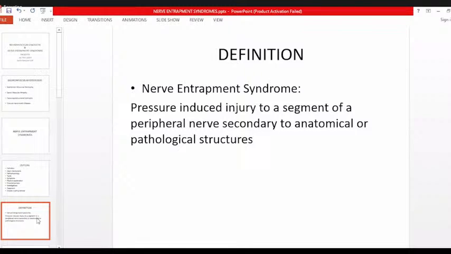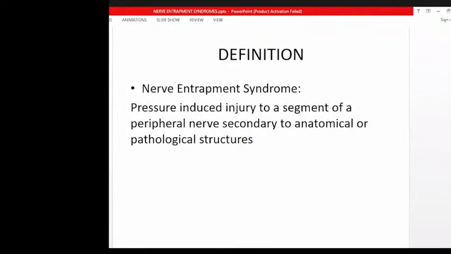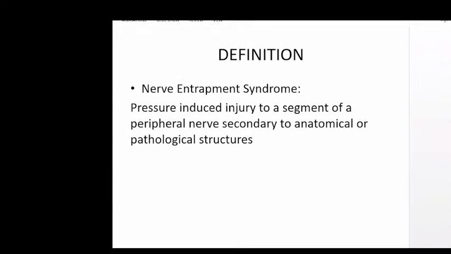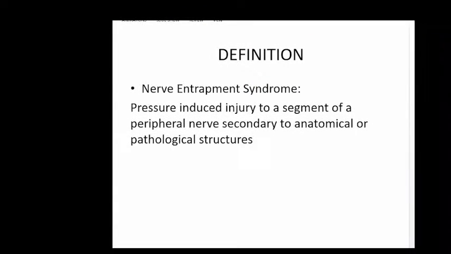So what is happening is that a peripheral nerve encounters pressure, and it may be due to disturbance in anatomy, or maybe like in carpal tunnel syndrome at the wrist, due to body swelling. Sometimes in pregnancy, the ladies may present with carpal tunnel because of edema. The anatomical structures have swelled, okay?